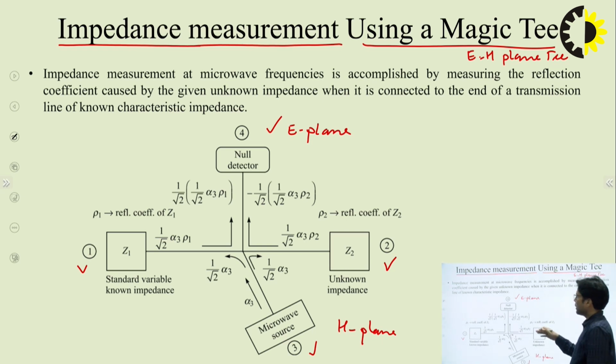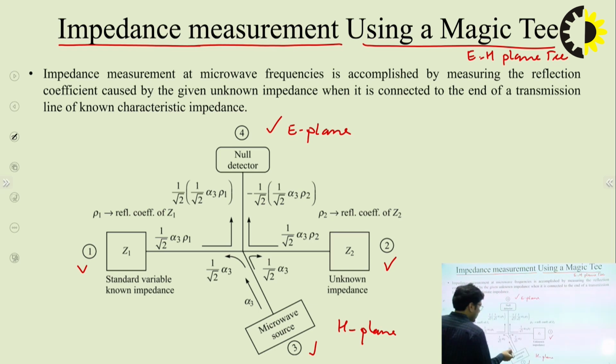So this is the setup that we need to create to measure the impedance of an unknown device or unknown impedance, right? So what should be the procedure? Well, when you give the input, that is the incident wave, that has the voltage alpha 3, right?